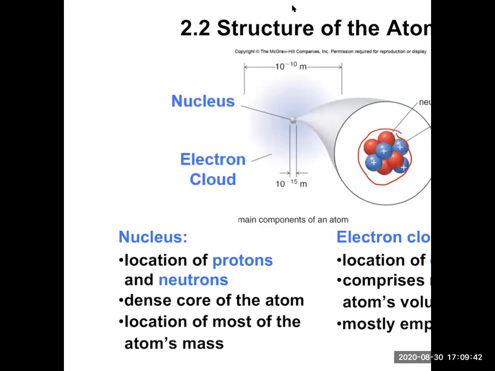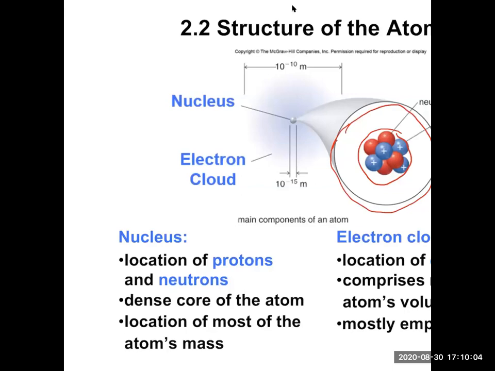Outside the nucleus, we have what are called electron clouds. In these electron clouds, we're going to locate the electrons, which carry a negative charge and have 0 AMU, and the nucleus has 1 AMU.